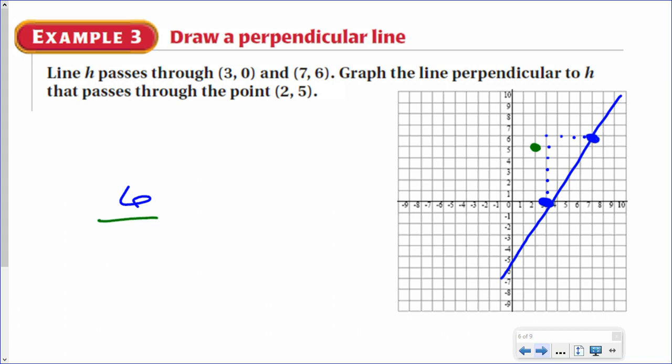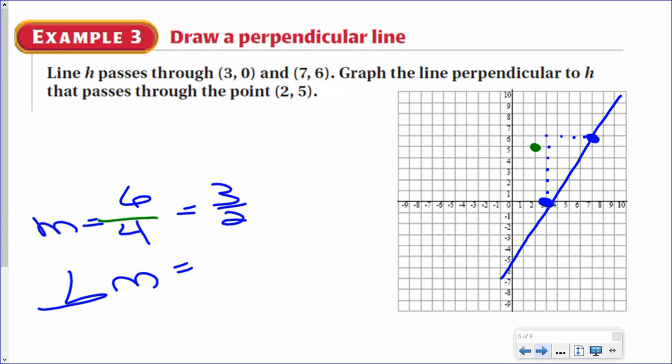The slope is up 6 over 4. Now that's my current slope, right? My perpendicular slope would be to flip that upside down and change the sign. Now if you want to reduce down, you could. That's the same thing as 3 over 2. Make it a little easier. So flip it around. You'd have 2 on top, 3 on bottom, and switch the sign to a negative.